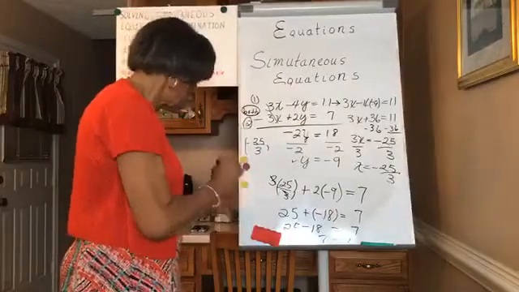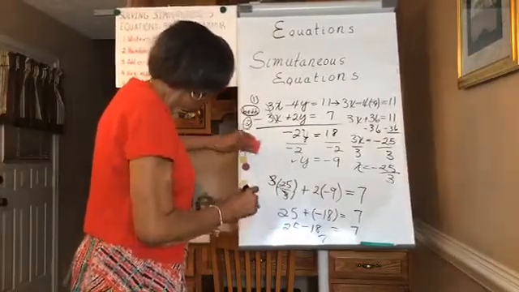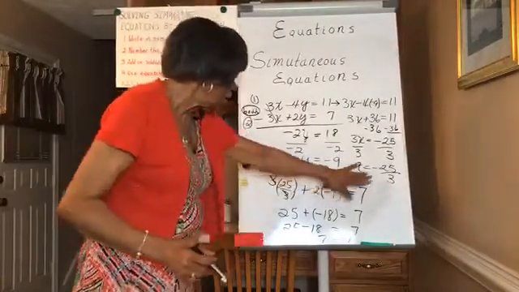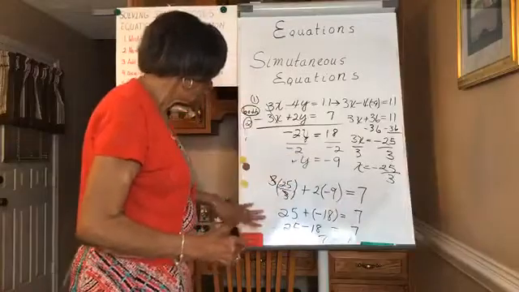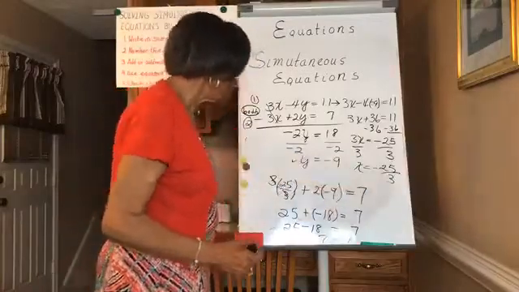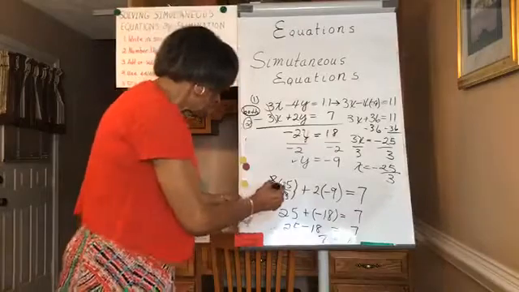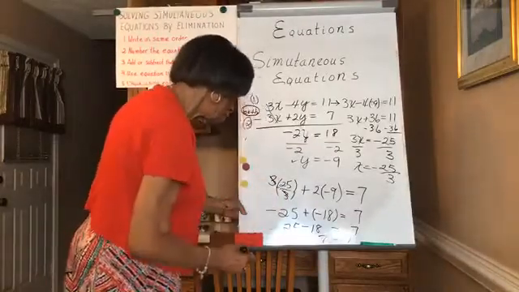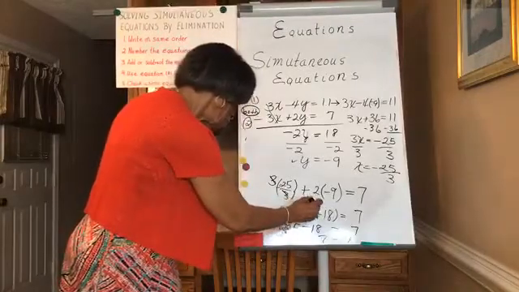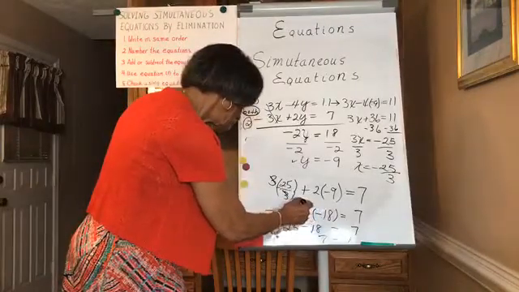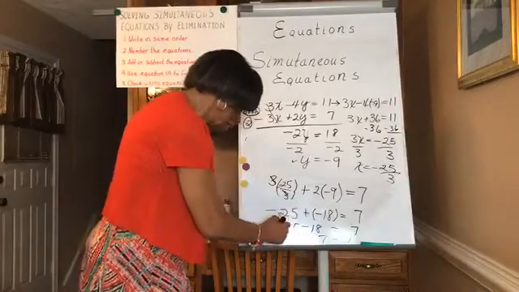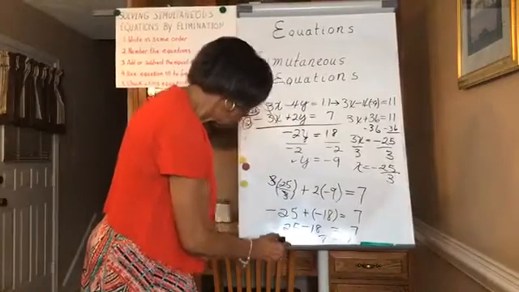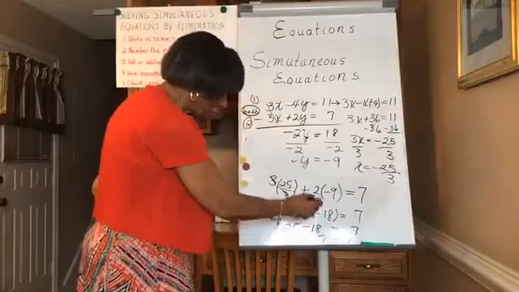Or am I doing something incorrect? Huh? All right, y is negative 9, and x is negative 25 thirds. That's correct. All right, and here this should be negative 25 plus negative 18, which would be minus 18. Oh, that's right. That's not going to give me 7. Okay, so something is a mistake somewhere.